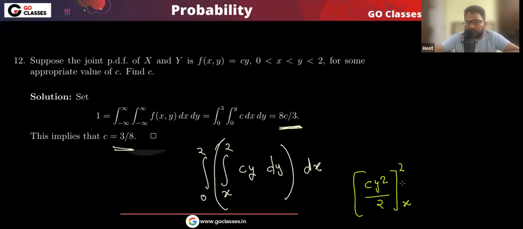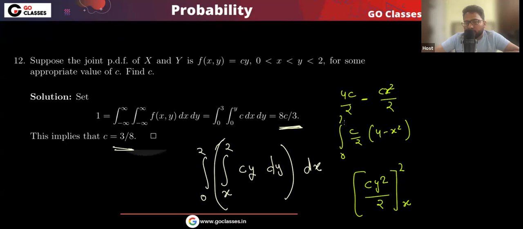So this will be 4c by 2 minus cx square by 2, right? So c by 2 you can take common, 4 minus x square, that you need to integrate from 0 to 2.